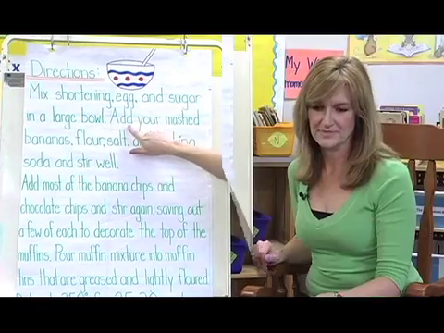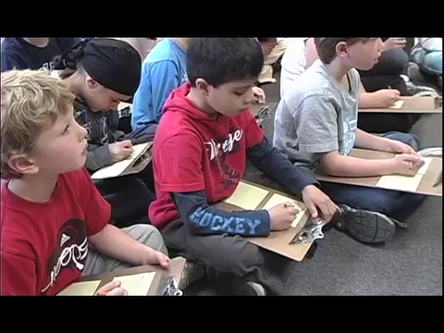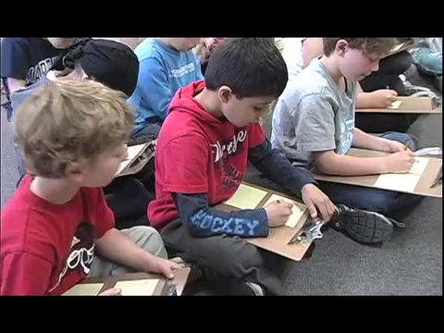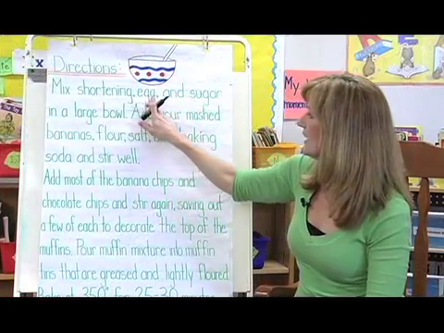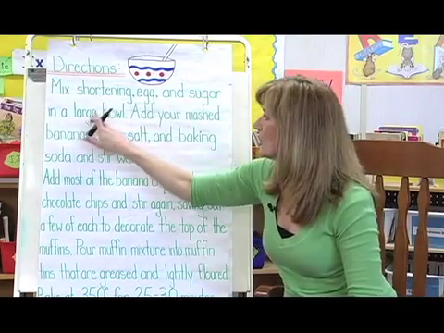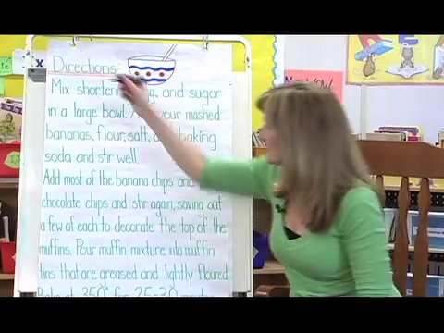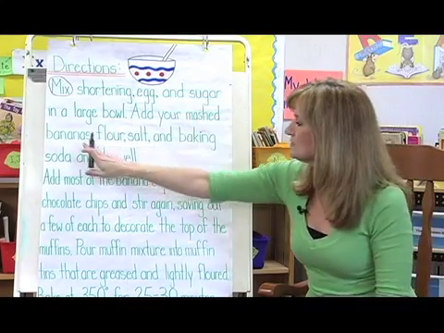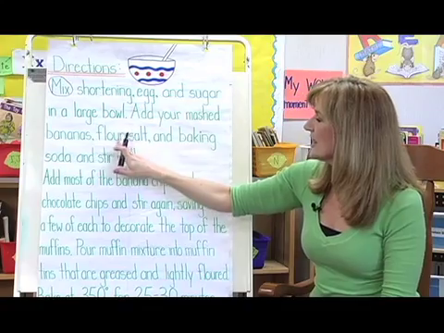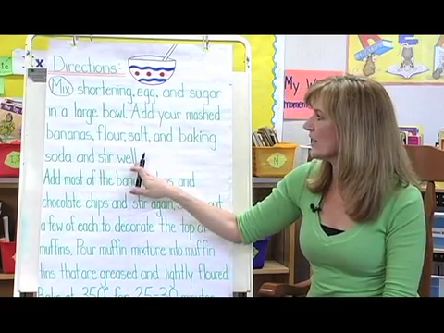Next sentence. Take a moment to write down all the verbs you think you saw, and we'll start back at the beginning. Mix shortening, egg, and sugar in a large bowl. Where's my verb? Yalda. Mix. Thank you. Mix. Add your mashed bananas, flour, salt, and baking soda, and stir well.